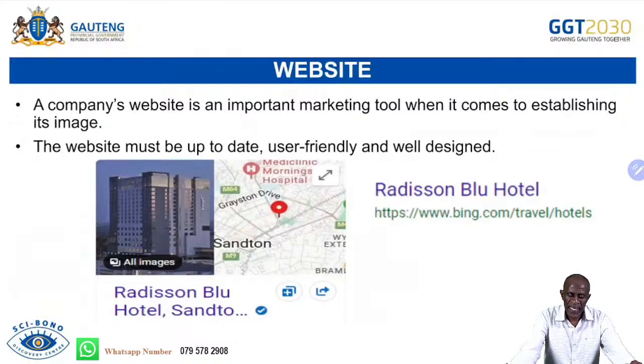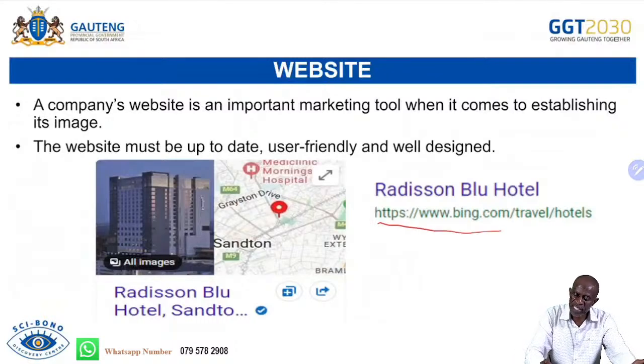The website. A company's website is an important marketing tool when it comes to establishing an image. The website must be up to date, user friendly, and well designed. It is from the website of the company that you'll get the type of products and services that are offered, as well as customer reviews, what other people are saying. All this information about the company, you can get from that website.